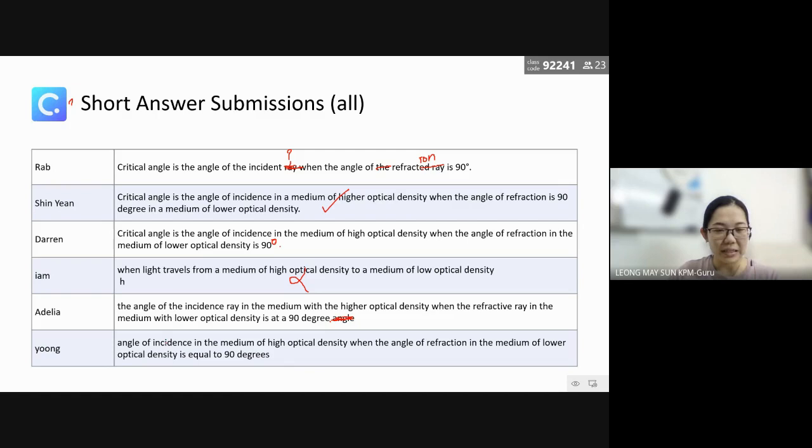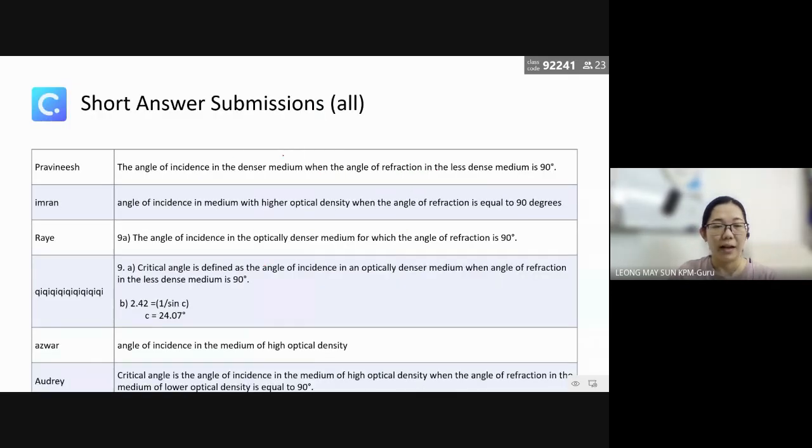Huayong, angle of incidence in the medium of high optical density when, okay, acceptable. Incident angle in the denser medium when the angle of refraction in the less dense medium is 90 degrees. Angle of incidence in the medium with higher optical density when, okay. Angle of incidence in the optically denser medium for which the angle of refraction is 90 degrees. This one I can accept.